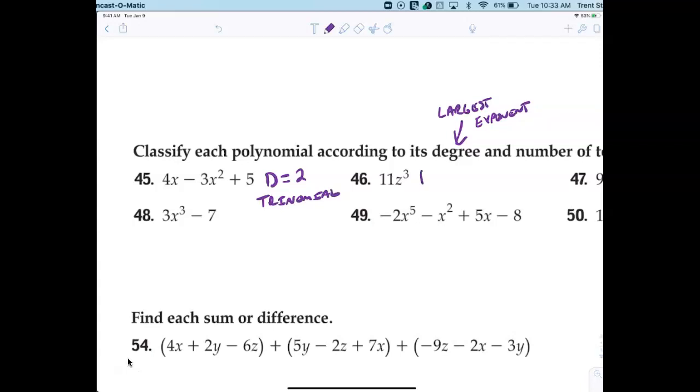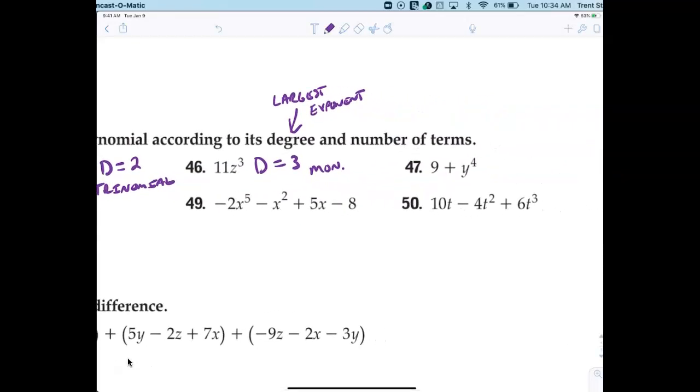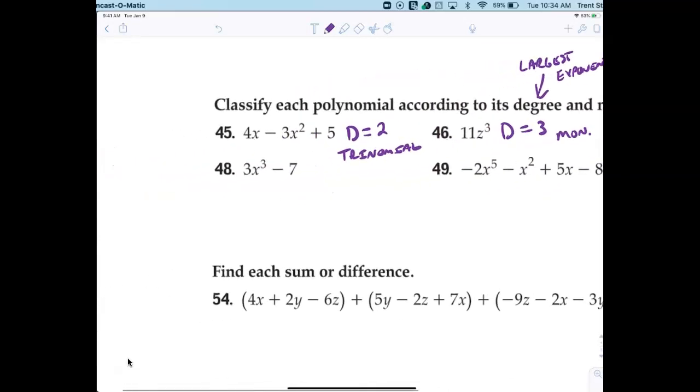Number 46, the degree is 3, and it's called a monomial. All right. Number 47, the degree is 4, and it's a binomial. Degree on 48, 3, and it's a binomial.